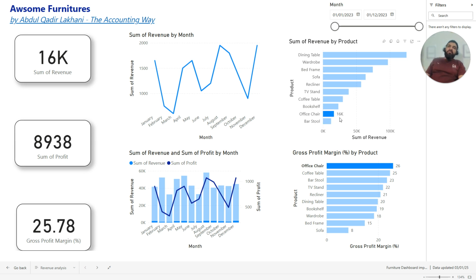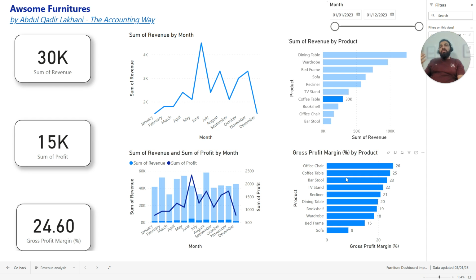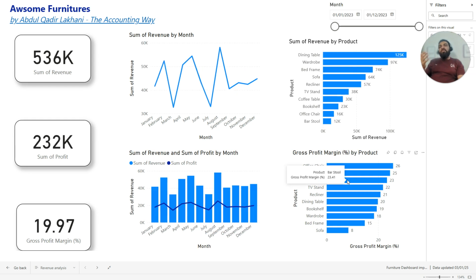Maybe we could invest some marketing budget, or apply some sales techniques which we were applying on dining table also to the office chair, coffee table, bar stool, so that our overall gross profit percentage increases, because once we have more revenue from high GP margin products, the profit is naturally going to increase.